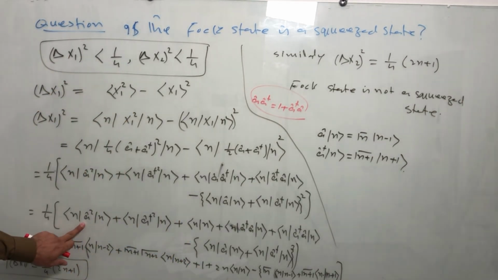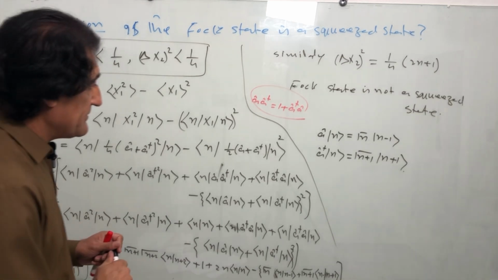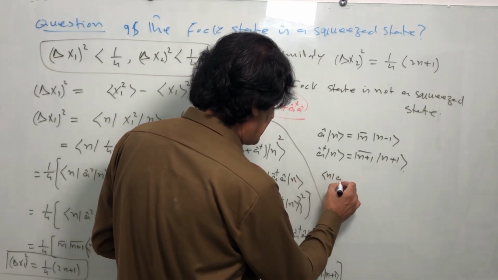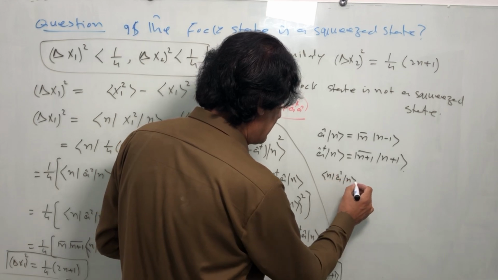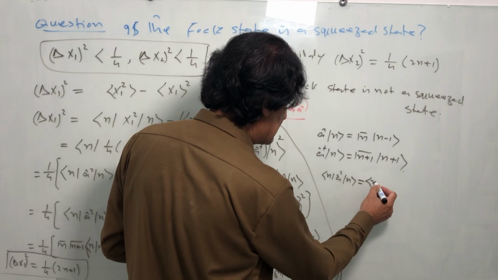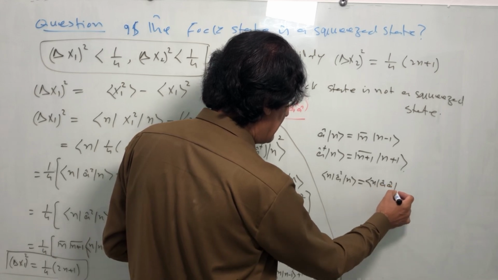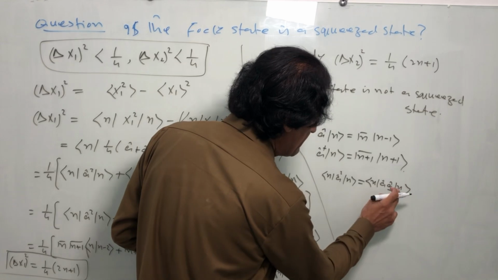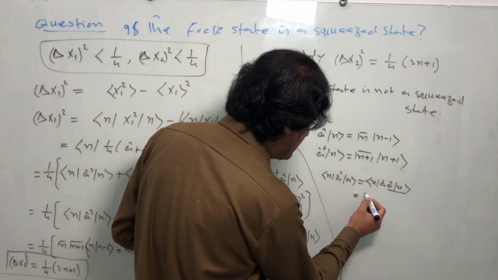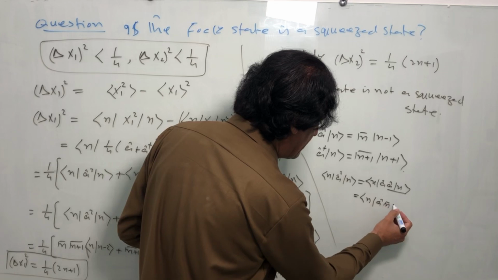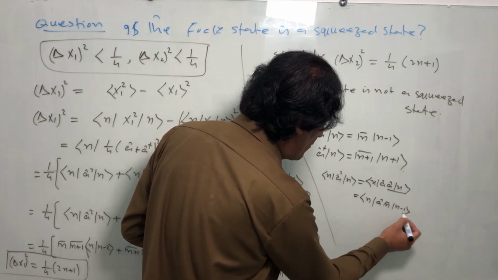So the first term is n a squared n. Here we can write n a a n. Then first we apply this annihilation operator on this state, and we get square root of n and n minus 1.